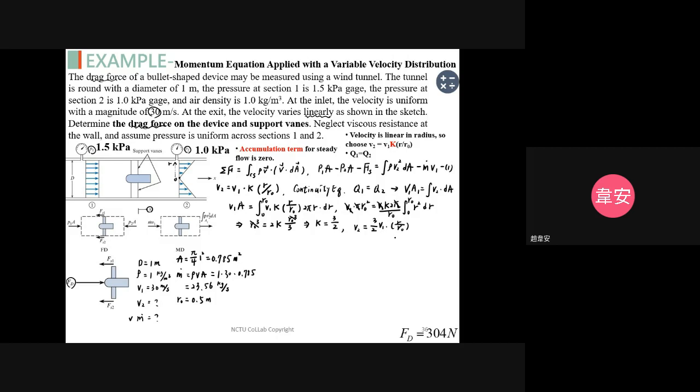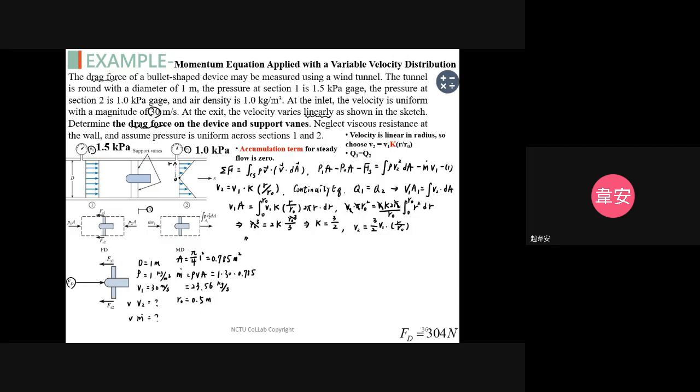And since we know that R0 is equal to 0.5 meters. Okay, so right now we have the velocity and we have the mass flow, so we can go back to see equation 1.